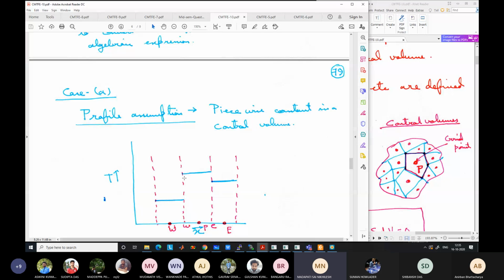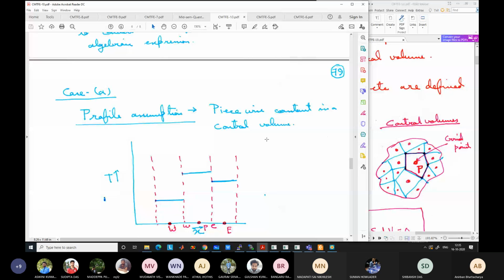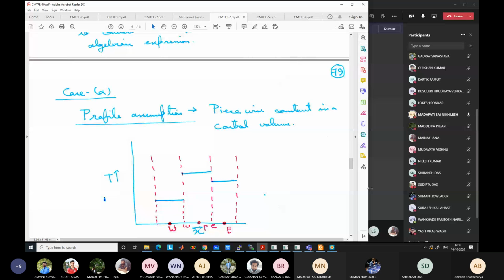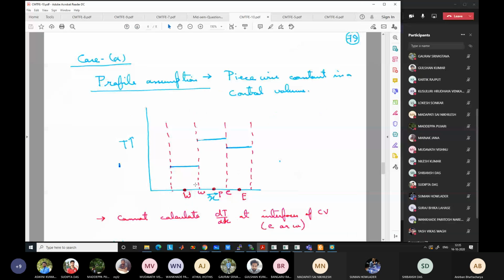How will we calculate dT/dx at the west and east interfaces? It is not possible. The temperature is not continuous at the interface, so you cannot calculate the derivative. At the interface there is a direct jump, so the derivative is infinite.